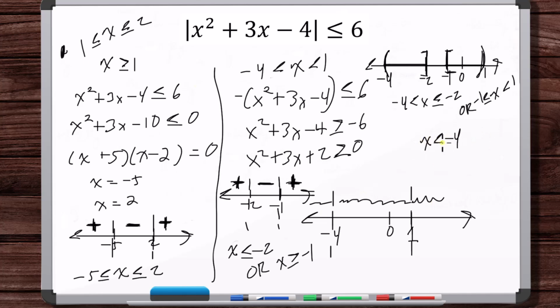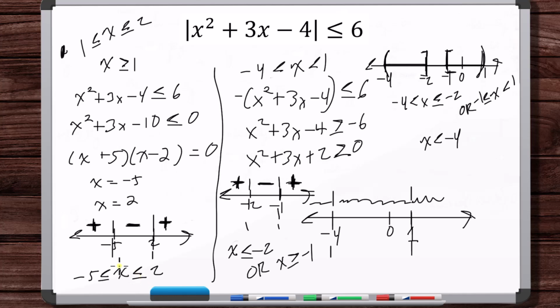Okay, but if we think about it, what's going to happen when x is less than minus 4? This is going to be positive again, this expression. But that doesn't mean that we can just ignore this. It just means we don't have to solve the equation again. We already did the case where we just removed the absolute values and solved. The result was this.